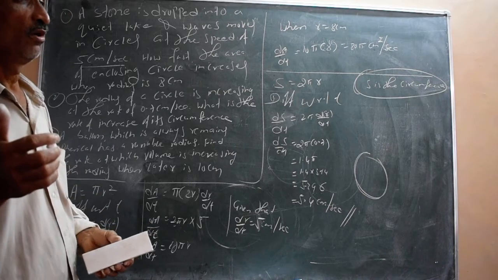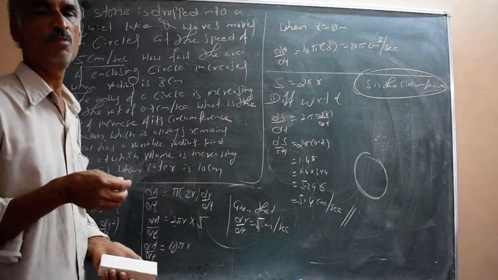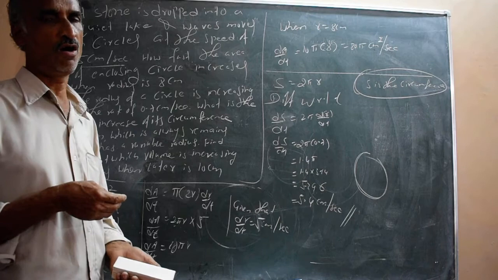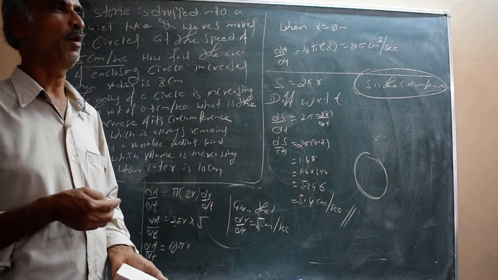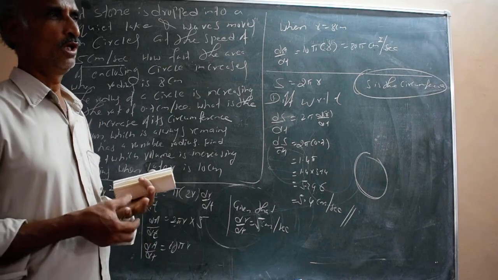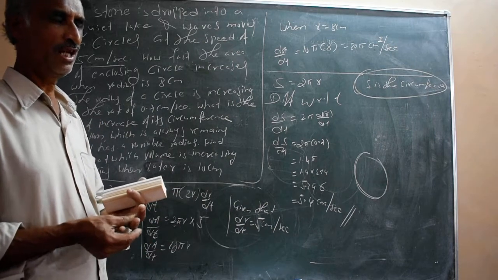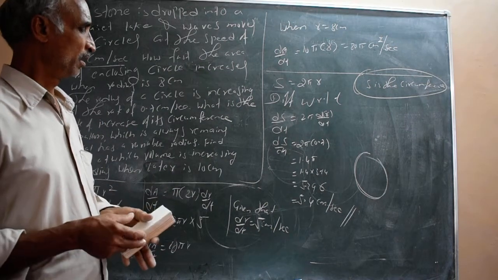Volume of the spherical balloon, volume of the sphere you have to consider. If r is the radius of the sphere, what is the volume formula? 4 by 3 pi r cube. What volume and surface area formulas are necessary in this particular topic?